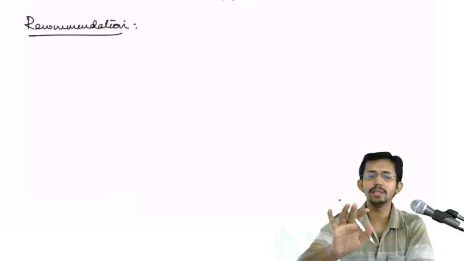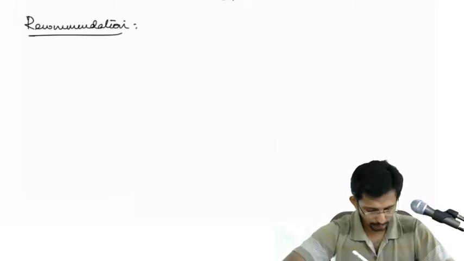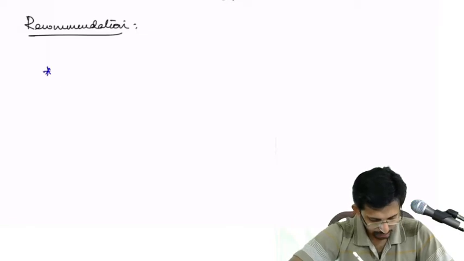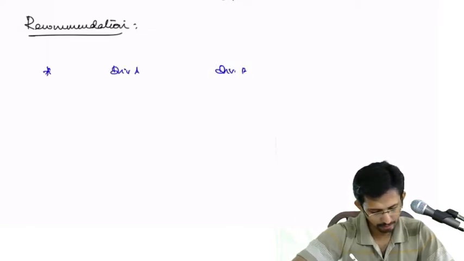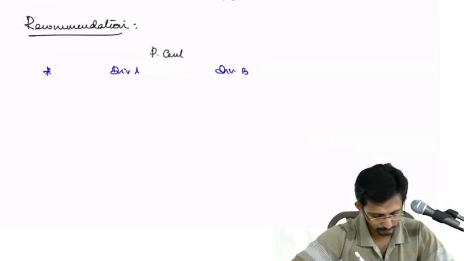Okay, so with this the question is over. Now if you see, there are two divisions, division A and division B. Both these divisions are treated as what? Profit centers. Am I right?